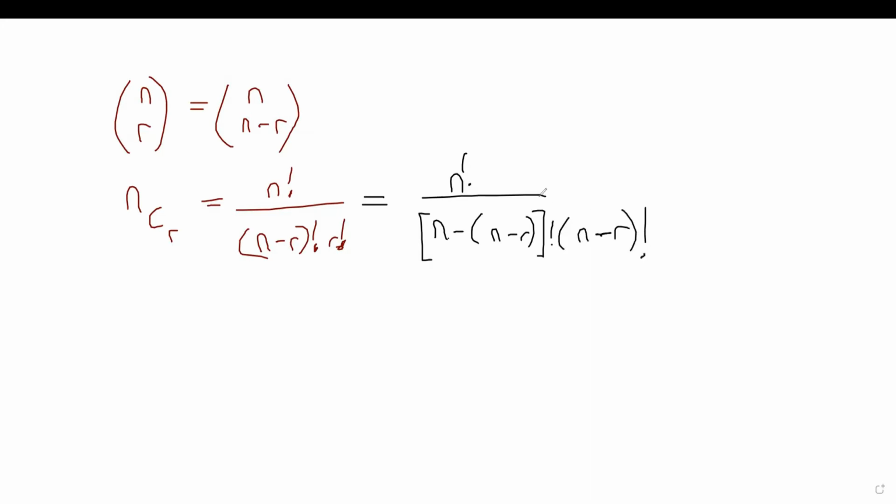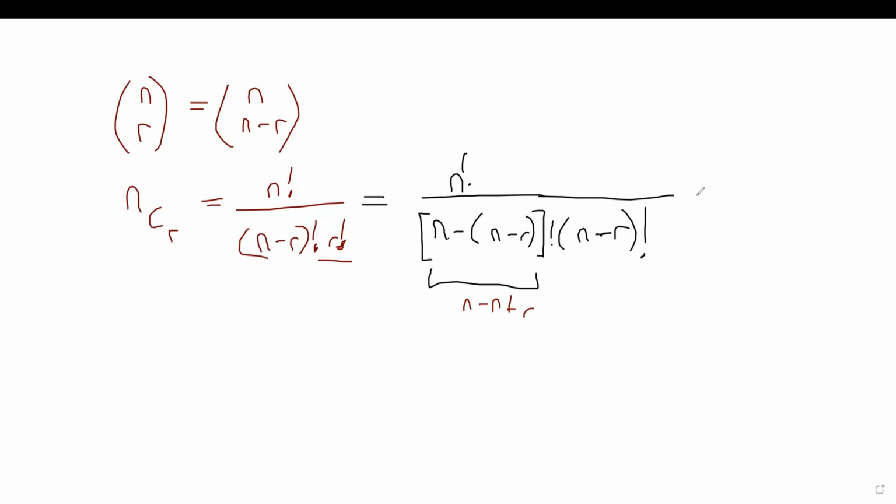All of this here is really r factorial, so all I did was rewrite r factorial as (n minus (n minus r)) factorial. Because if you look at it, n minus (n minus r) is n minus n plus r, but all of that is r factorial.